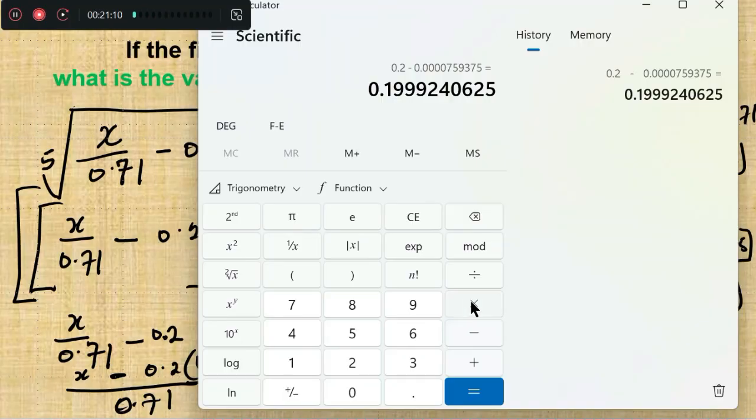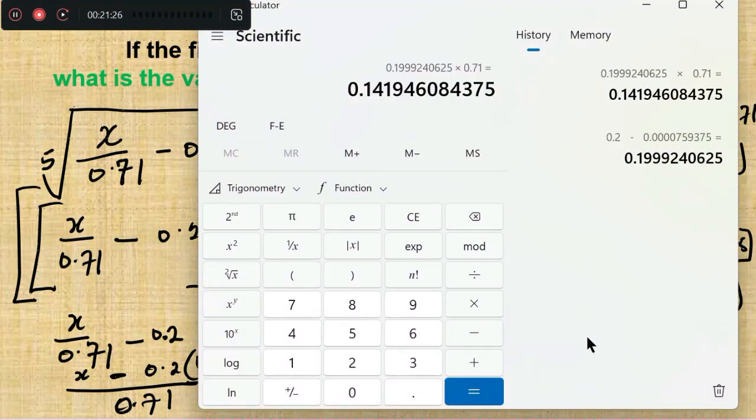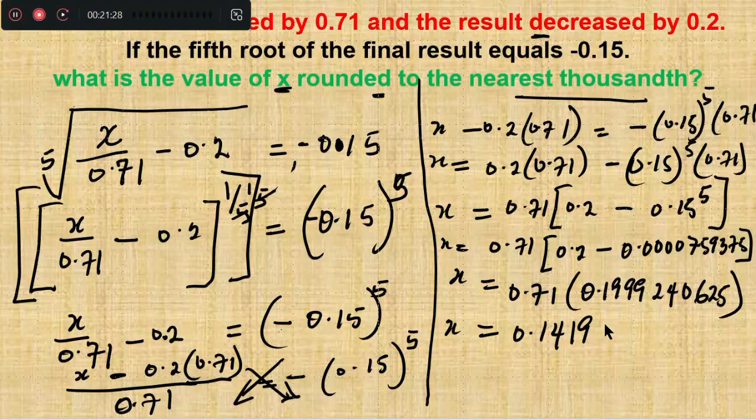Now we multiply this with 0.71. That equals, finally, x equals 0.141946084375.